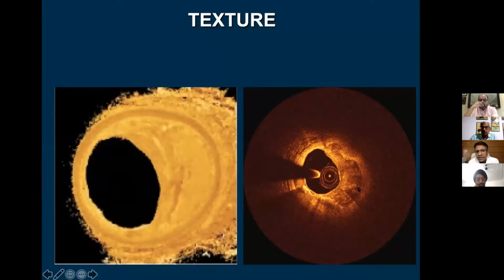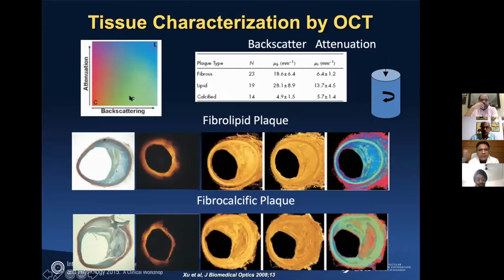As compared to fibrous tissue, which is low attenuation, not attenuating the light signal, but very highly backscattering. It is a very, very bright picture. Then you can see the lipid, which is very highly attenuating. The light signal cannot pass through the lipid. So this is how we characterize fibrous tissue, calcium, and lipid in OCT.